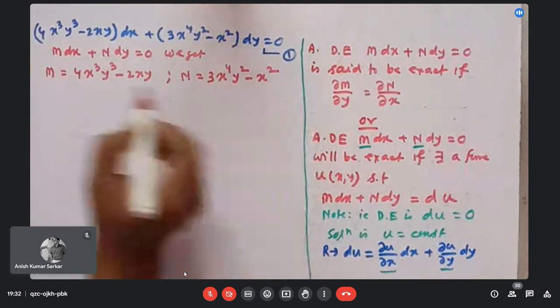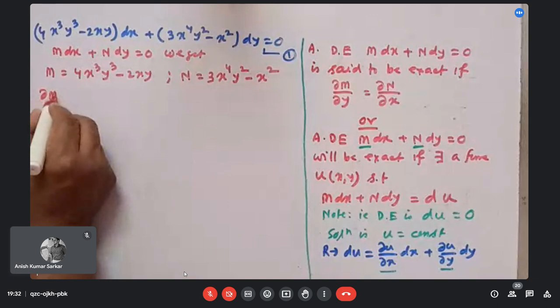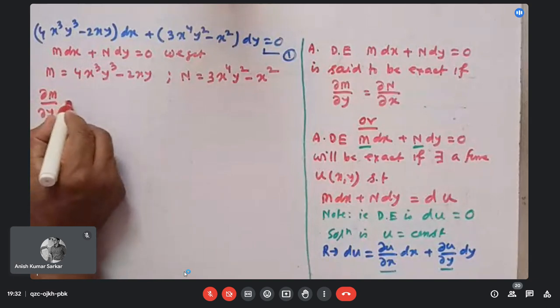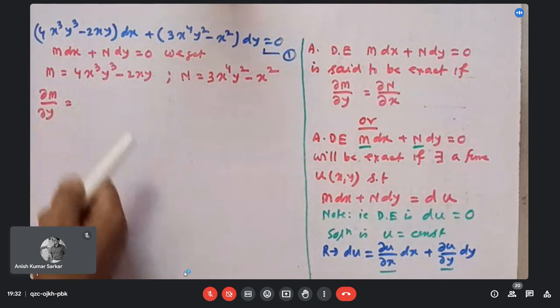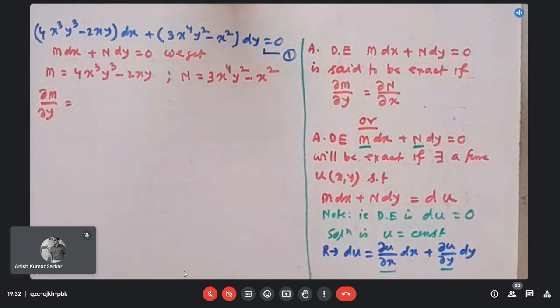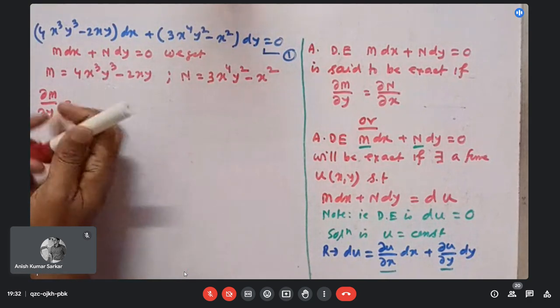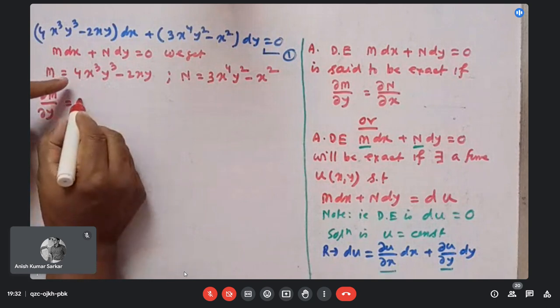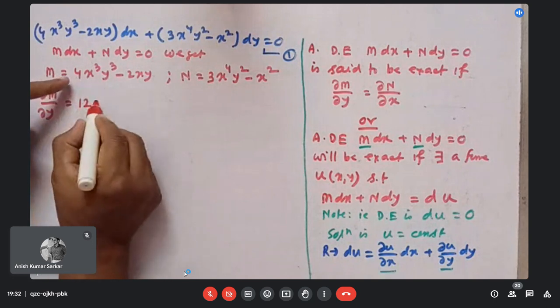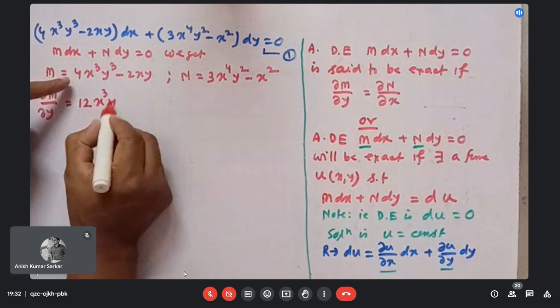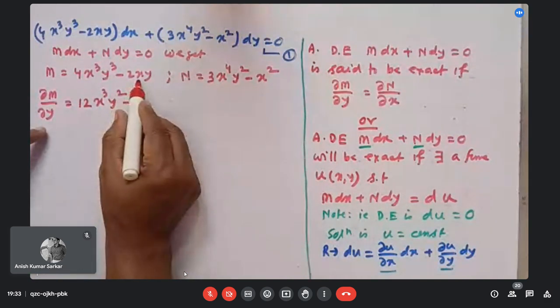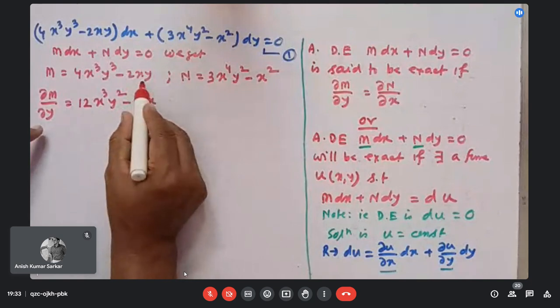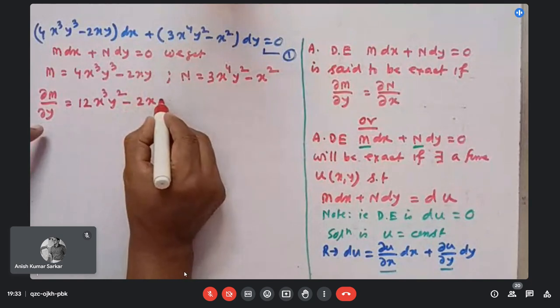So check del m del y. Del m del y means I shall differentiate with respect to y taking x as constant. So this will give you 12 x cube y square minus 2x, since 2x is constant and the derivative with respect to y is 1.